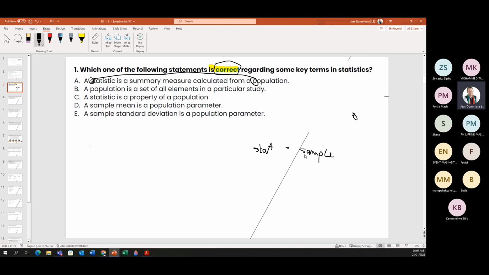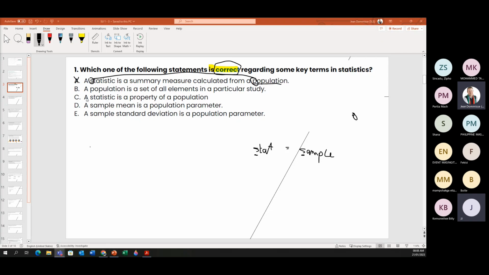How I remember it is that both have an S. So a statistic is a summary measurement calculated from a population is incorrect, because it is from a sample and not a population. But we are looking for the correct one.